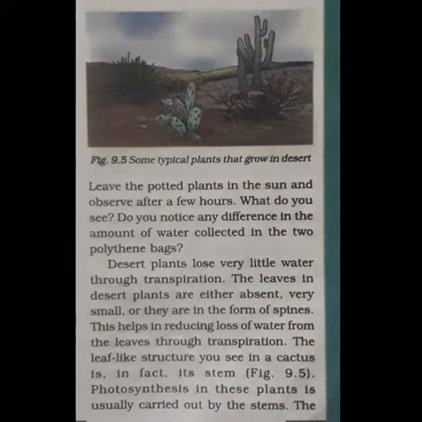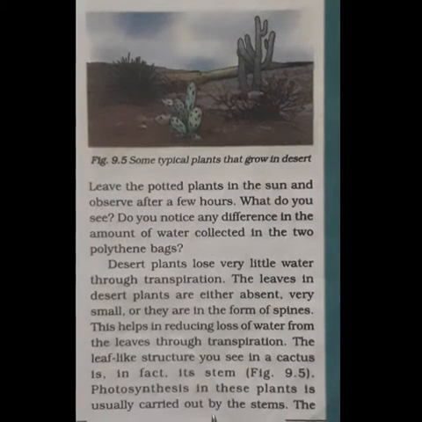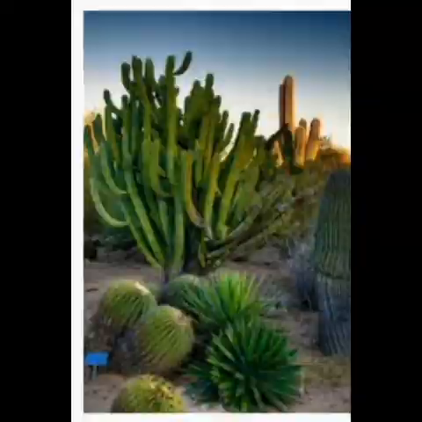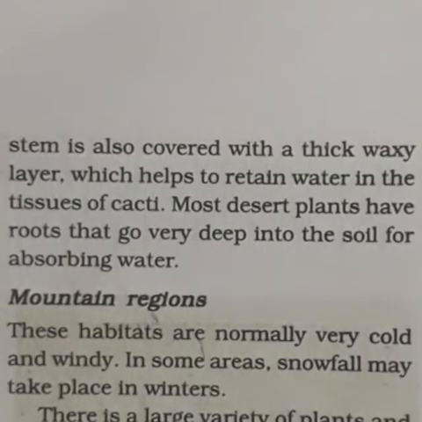Photosynthesis will take place in the stem of these cactus plants. The stem is covered with a thick waxy layer which helps to retain water in the tissues of cacti.